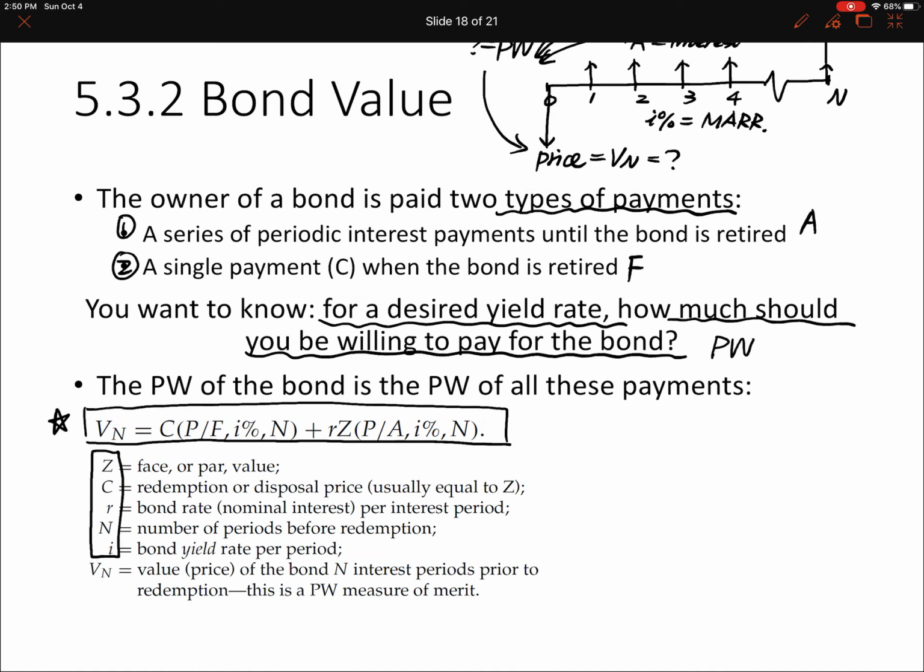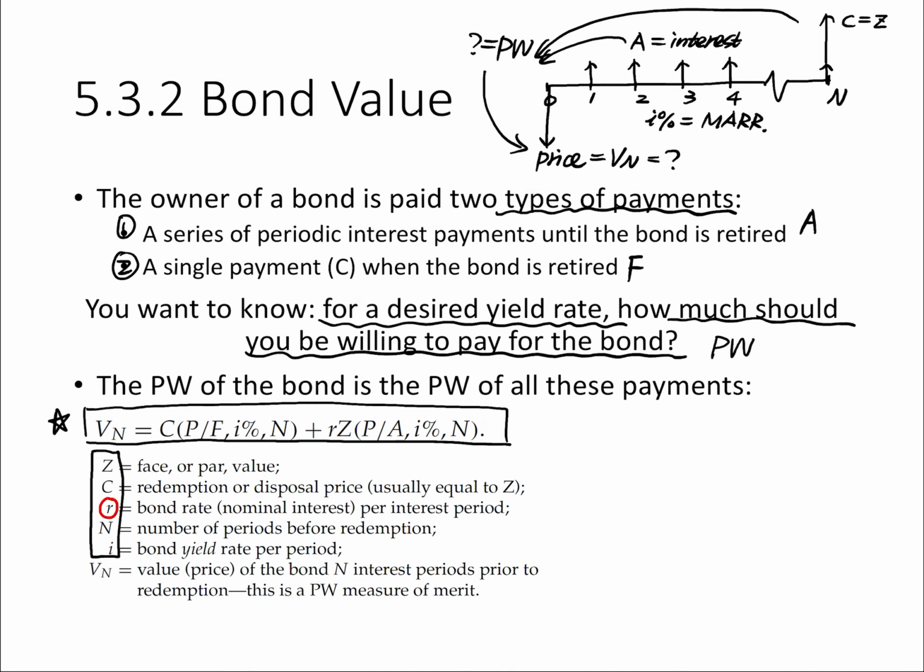And there is something very tricky in this. The coupon rate R and the I usually will be given as a nominal interest rate. But in the equation, they are already interest rate per period.